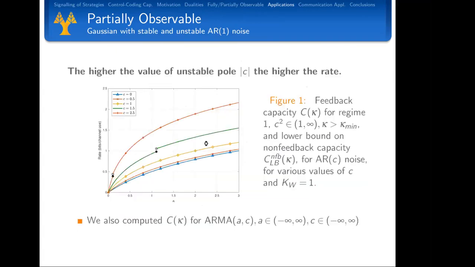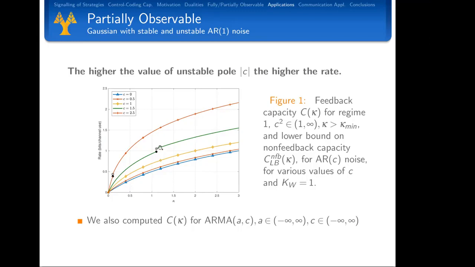Okay, so let me show some plots here. What the plots say, if I'm using time invariant strategies, is the following. This blue line here is the capacity of this channel if I have no memory. The next level up, this one here, is when I invoke IID input, and the reason is that I want to achieve a lower bound. The next level up is again when I use IID input.